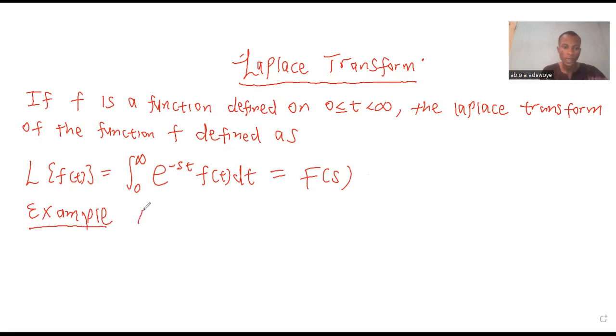Now let f of t be equal to 1. So what does that mean?